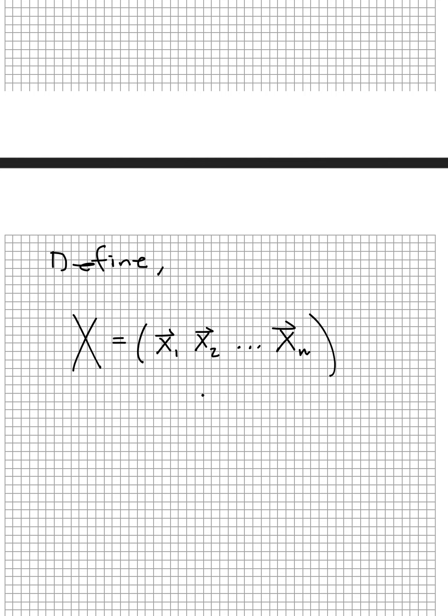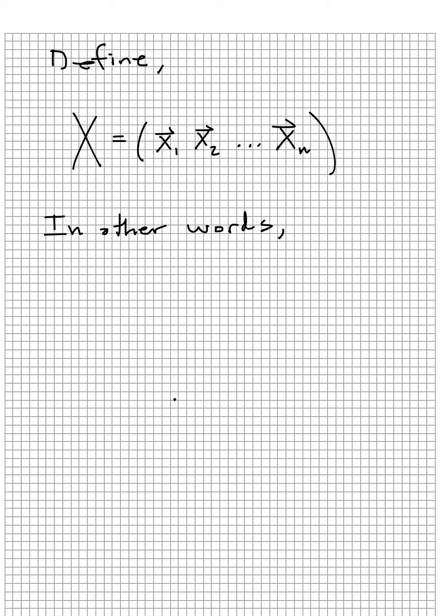In other words, X is a matrix whose ith column, with i being anything between 1 and n, is the ith solution.